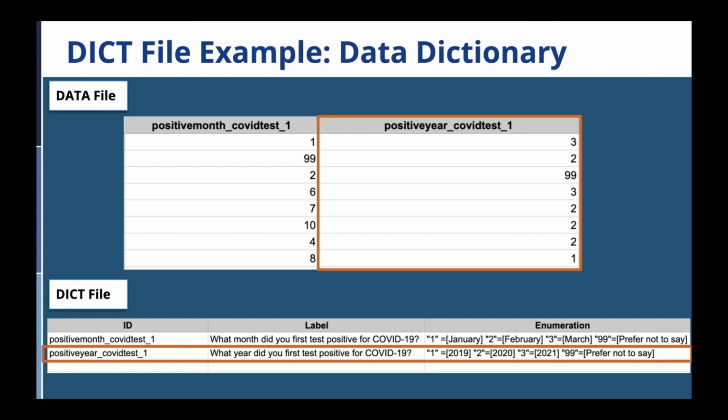This is a portion of a data file from the RADx synthetic data set. I'm going to focus on the second column from the left, the one that's highlighted. This column is headed positive_year_COVID_test_1.